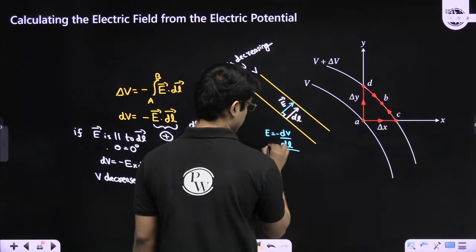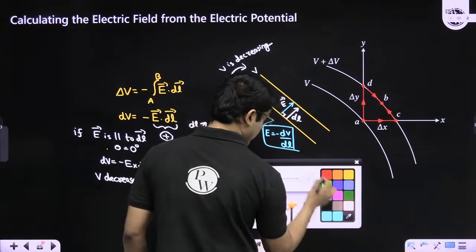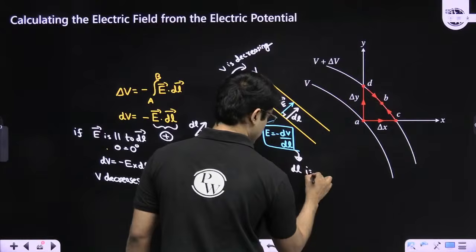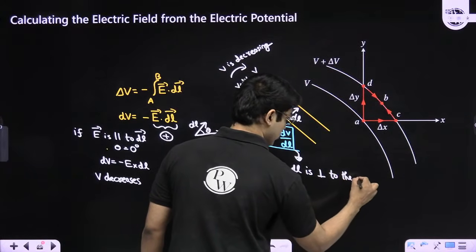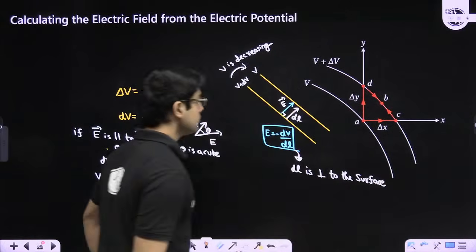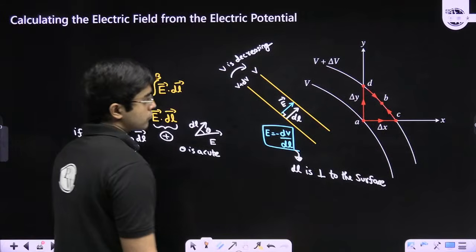But there is a slight catch: this dl is perpendicular to the equipotential surface. So that is the formula.